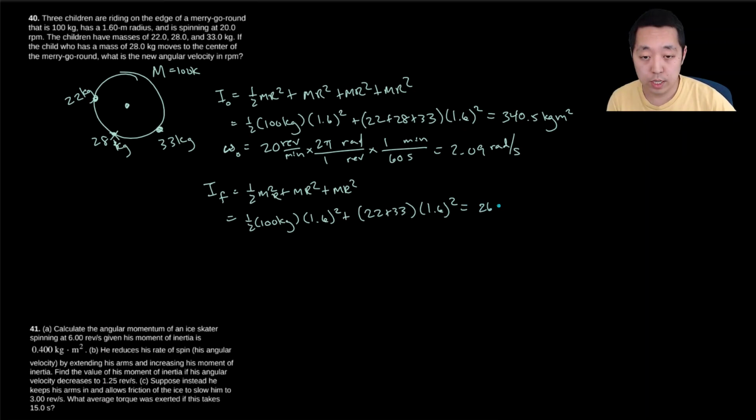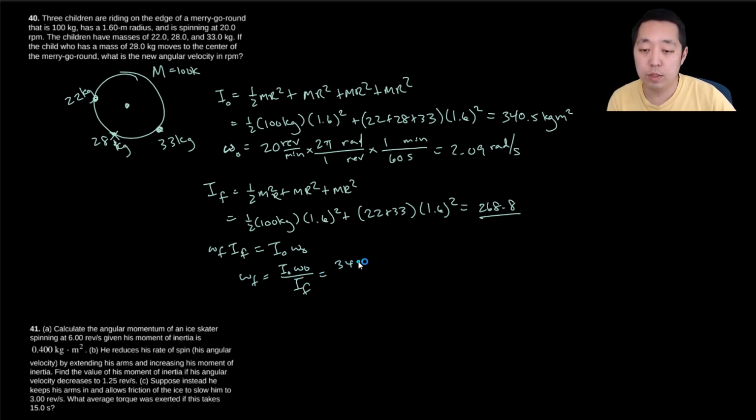That's 268.8. And because the final angular momentum equals the initial angular momentum, the angular velocity is just I naught omega naught over the final moment of inertia.